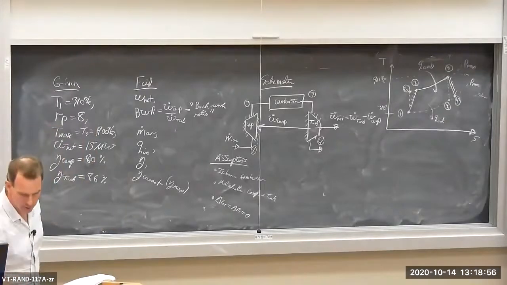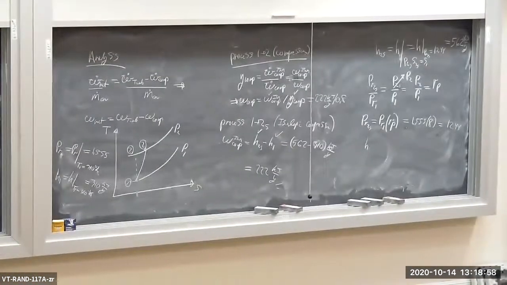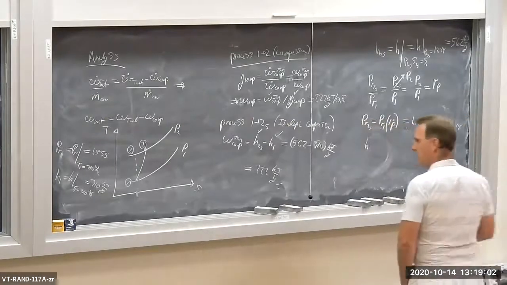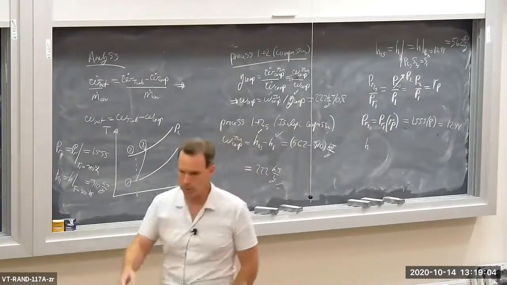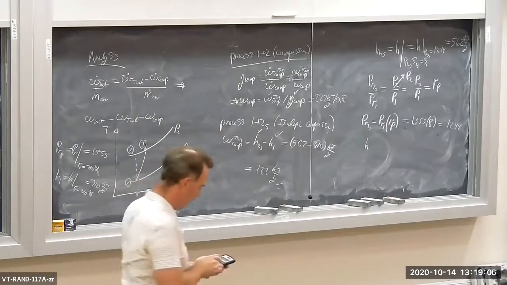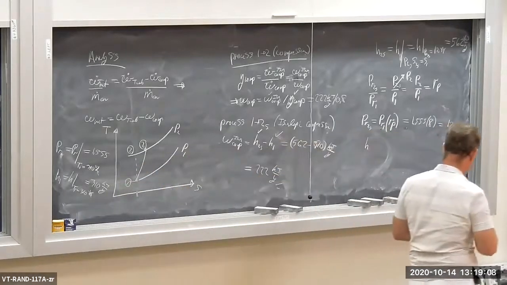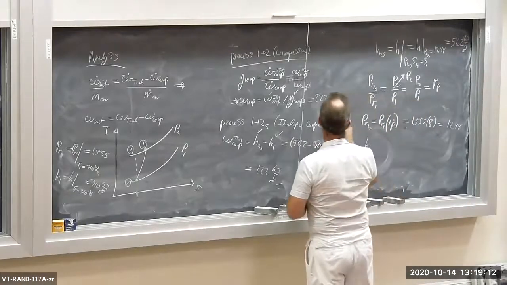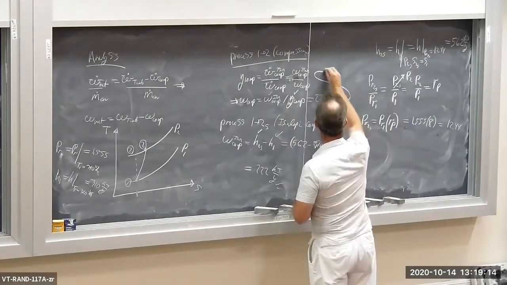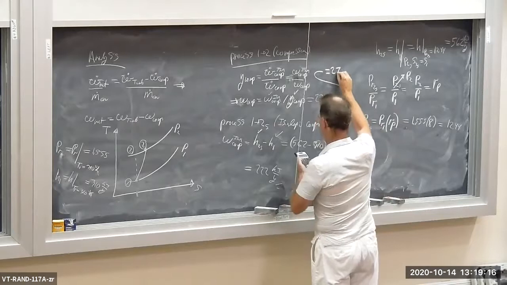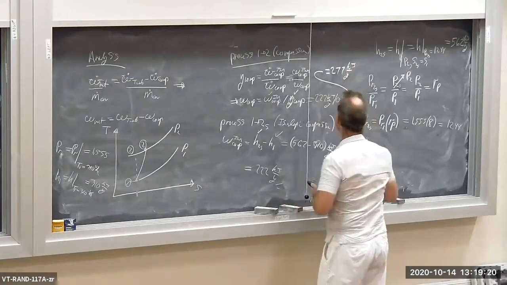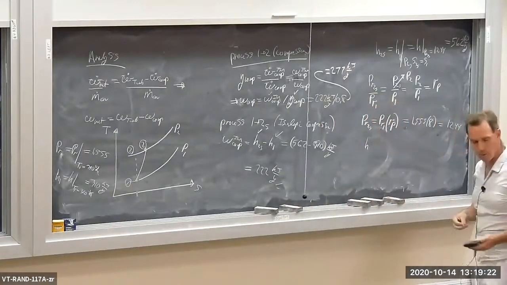And I get a specific work for the compressor, divided by 0.8, of 277 kilojoules per kilogram.